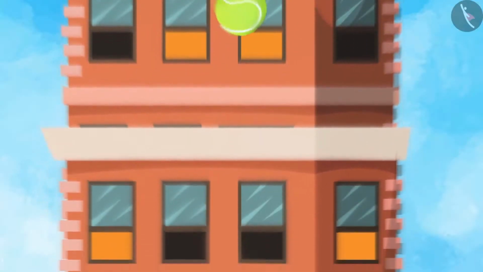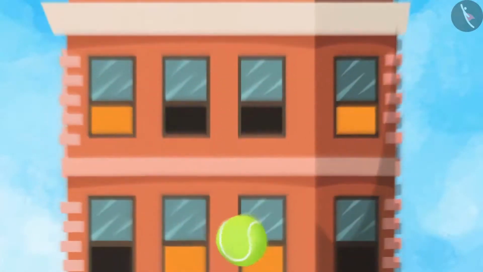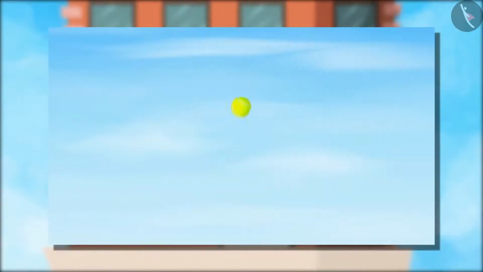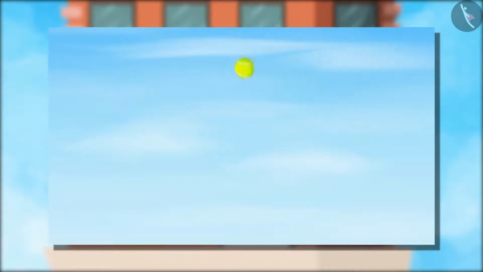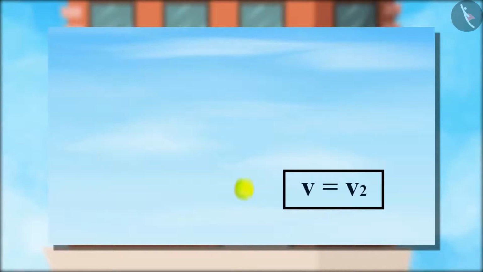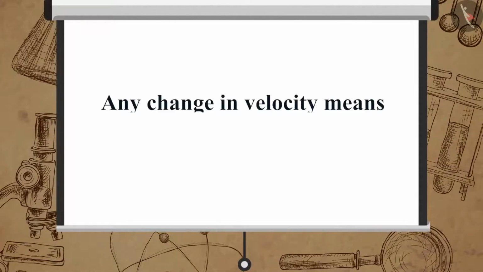When an object is in free fall, there is no change in its direction, but a change in the magnitude of velocity takes place due to gravity. And as we know, any change in velocity means acceleration.